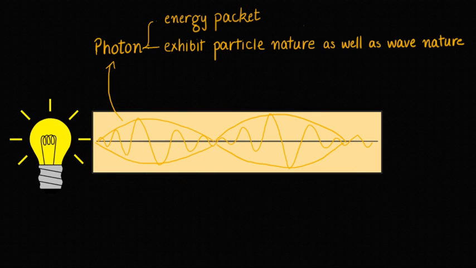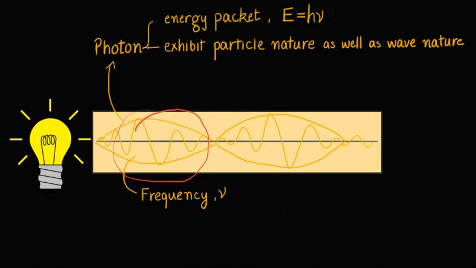Now, if this photon has a frequency nu, then the energy of the individual photon can be written as E equals h times nu, where h is Planck's constant and nu is the frequency of light.